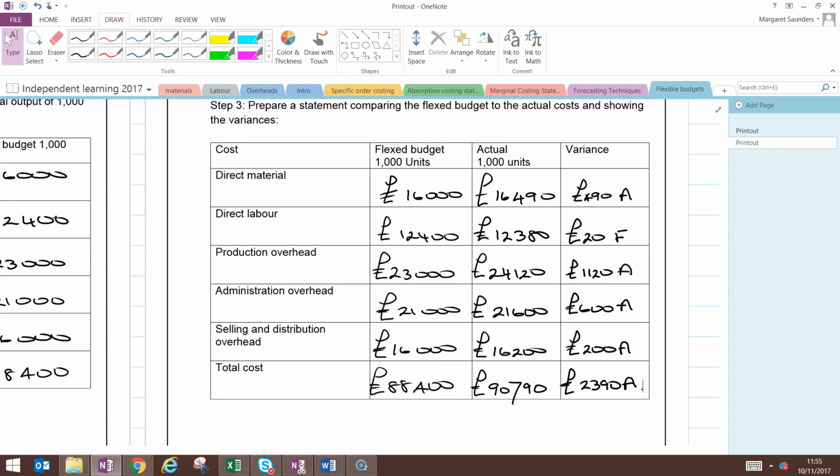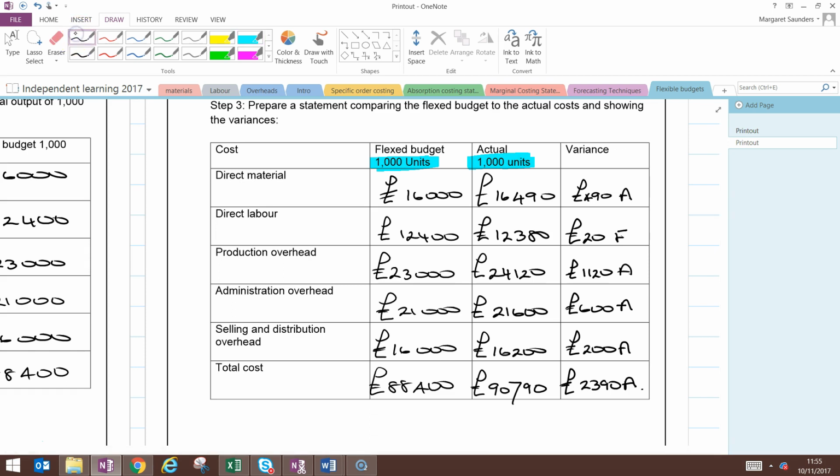This is meaningful information because we are now comparing like with like. What we expected our costs to be for 1,000 units and what they actually were for 1,000 units.